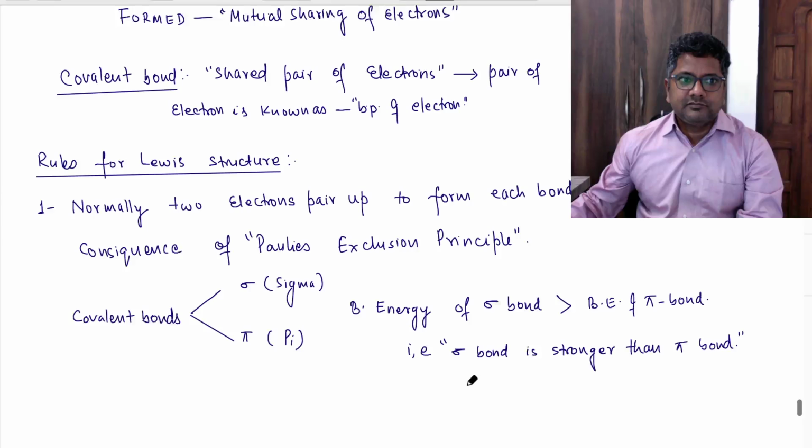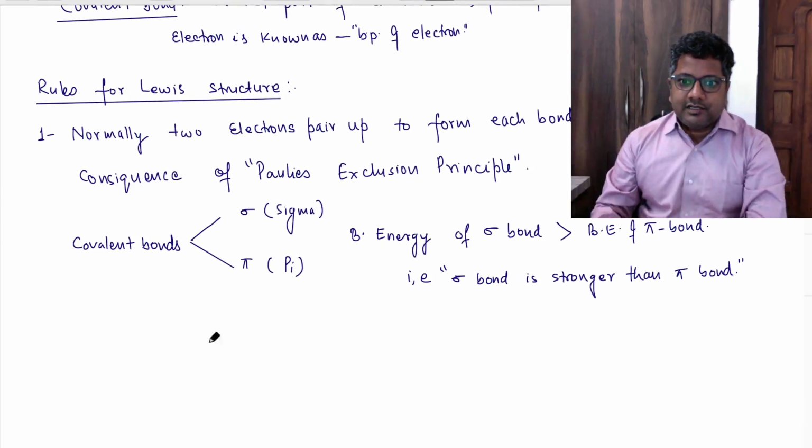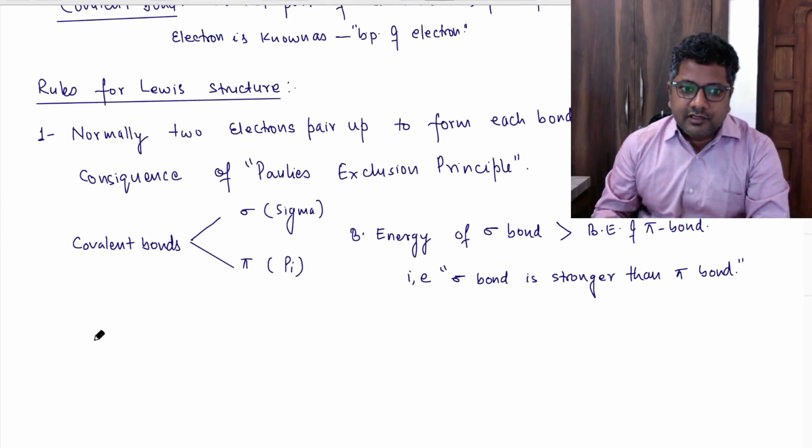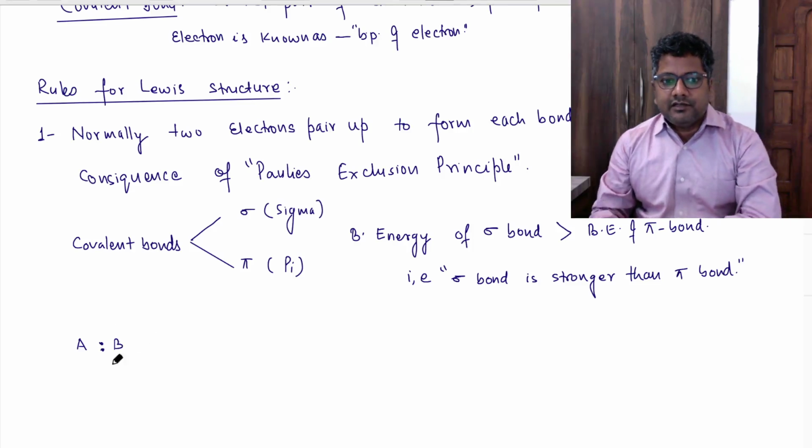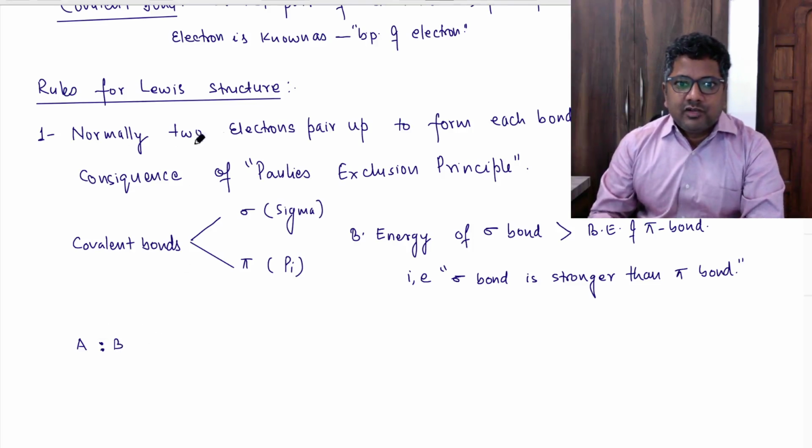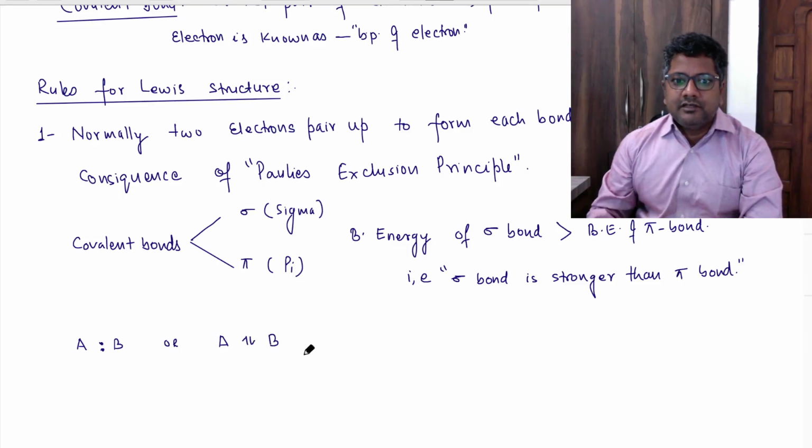Okay. Now see, suppose that two atoms A and B are sharing electrons like this. So normally two electrons paired up I have shown like this, but as per the Pauli's exclusion principle, how to represent this? You can represent like this: A, B, right?